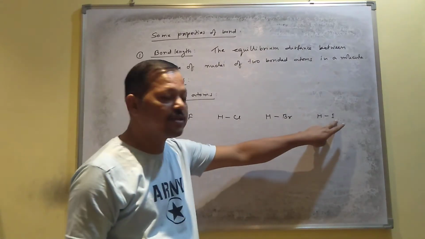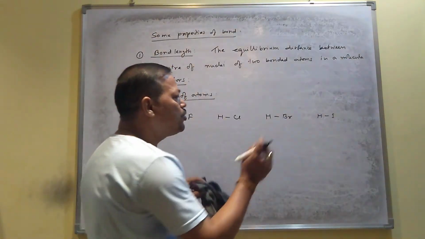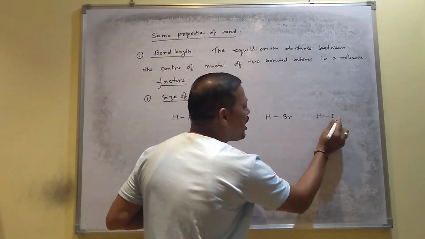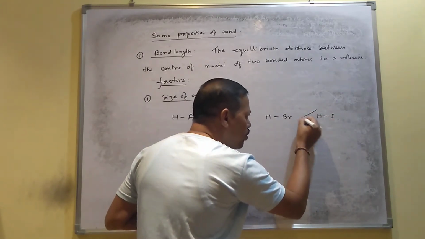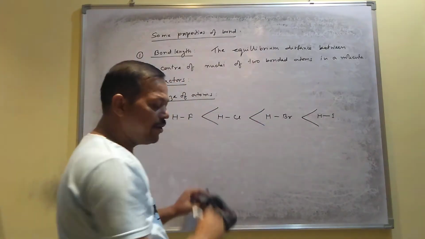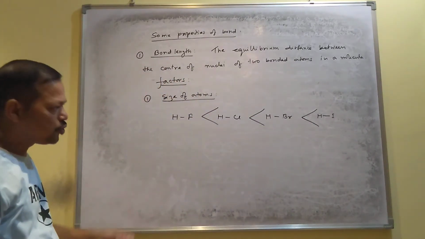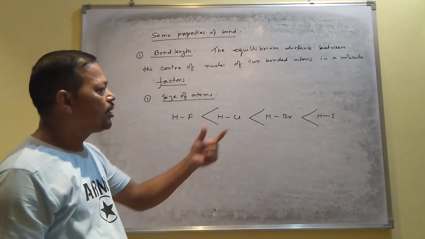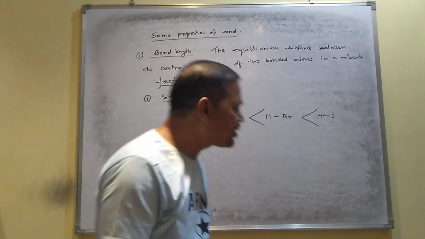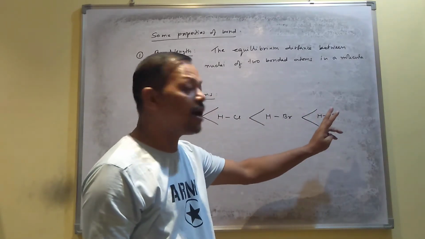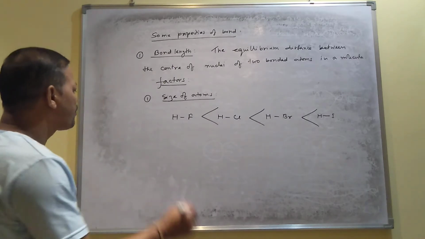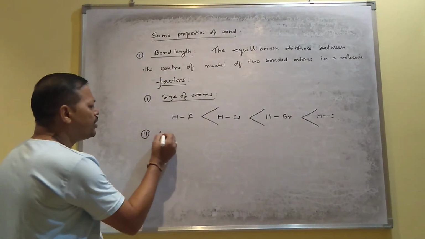You know, iodine has the largest size, and due to large size of iodine, the bond between hydrogen and iodine is the longest one, then HBr, then HCl, then HF. So the length of the bond depends on the size of the atom. Iodine is larger in size, that's why the bond between hydrogen and iodine is the longest one as compared to others.